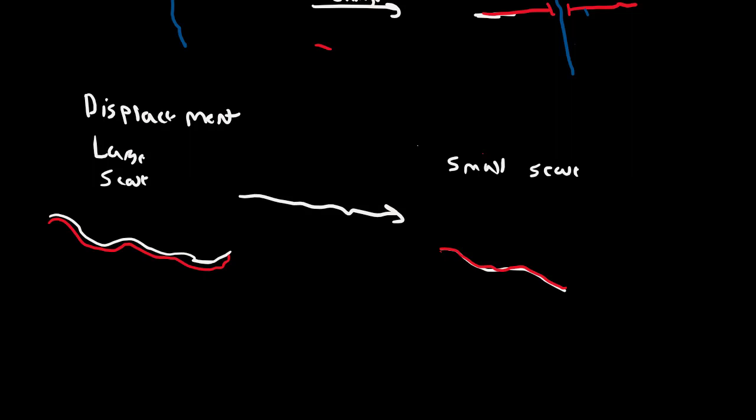What displacement would do is artificially adjust the geometry to offset them so that they're visible again. It would do something like that. So this gap now is artificial.